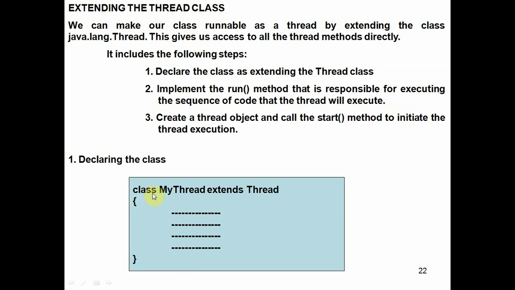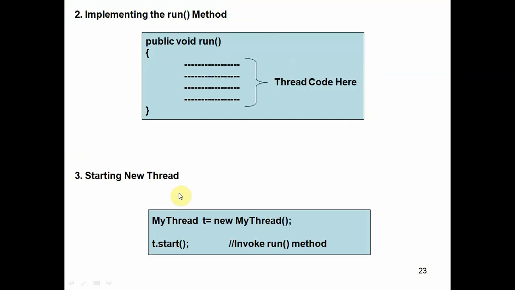A thread class is created by extending the Thread class like this: class MyThread extends Thread. Here MyThread is the class that extends from the predefined Thread class, and within this class we write the code we want to execute for MyThread.